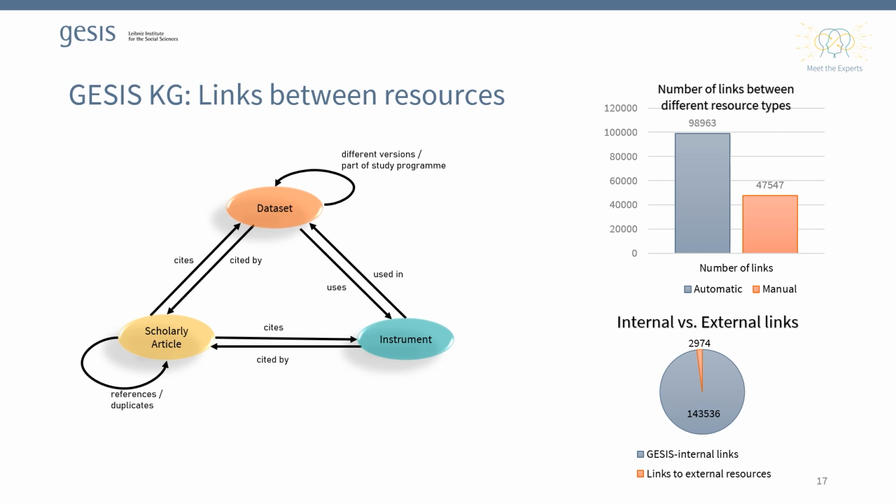Most of these links are internal links, which means that the linked resources are part of the knowledge graph. Only few links refer to external resources, so to publications or datasets which are not part of the GESIS search. Overall, this forms a comprehensive and interlinked network of the social science research domain.